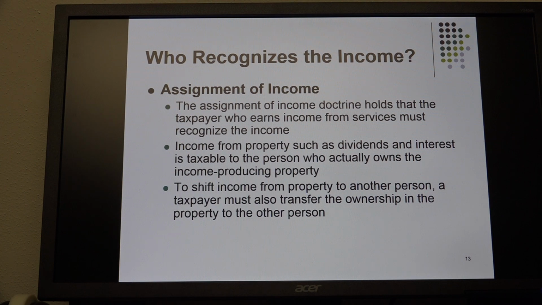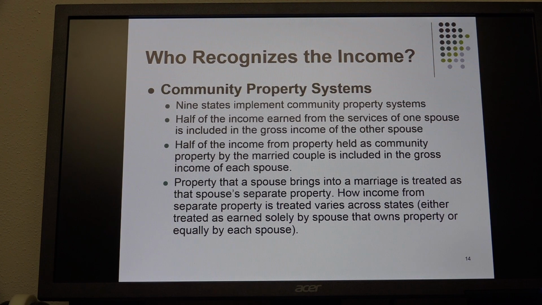And if they shift property to, let's say, a son who is maybe not so responsible, the higher tax individual loses control over how that property is handled. So it's not always an easy consideration.